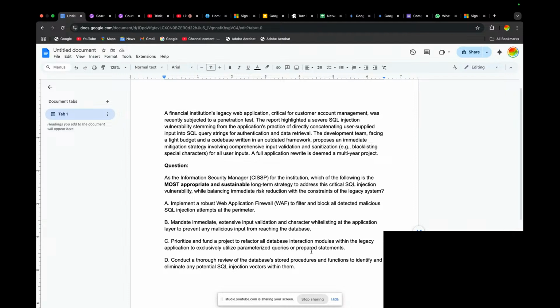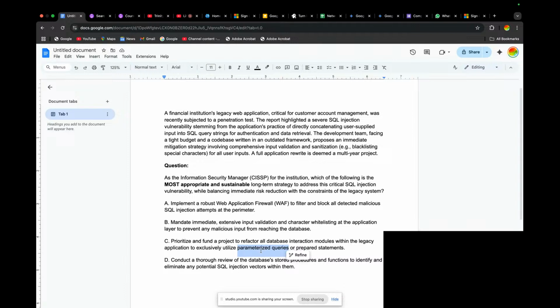Why do I say that? Because C talks about prioritizing and funding a project to refactor all database interaction modules within the legacy application to exclusively utilize parameterized queries and prepared statements. So the biggest thing here is parameterized queries. What are parameterized queries?